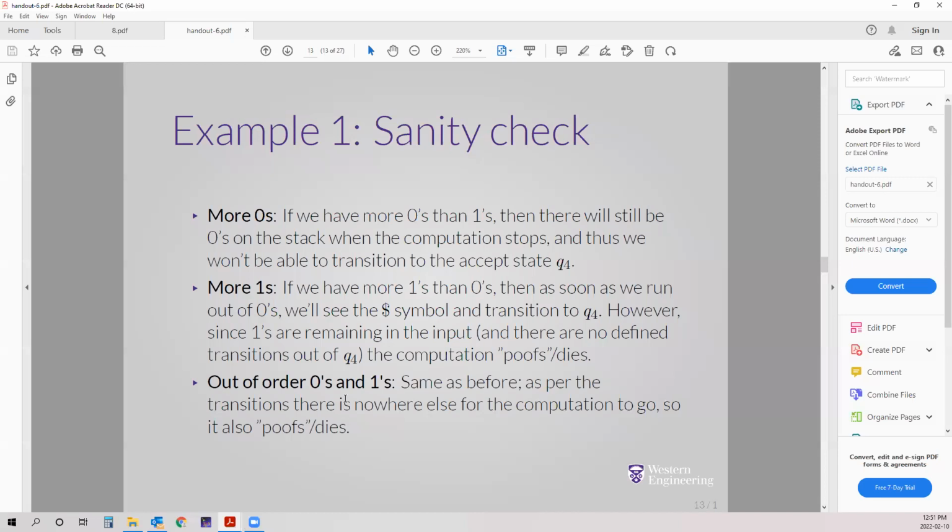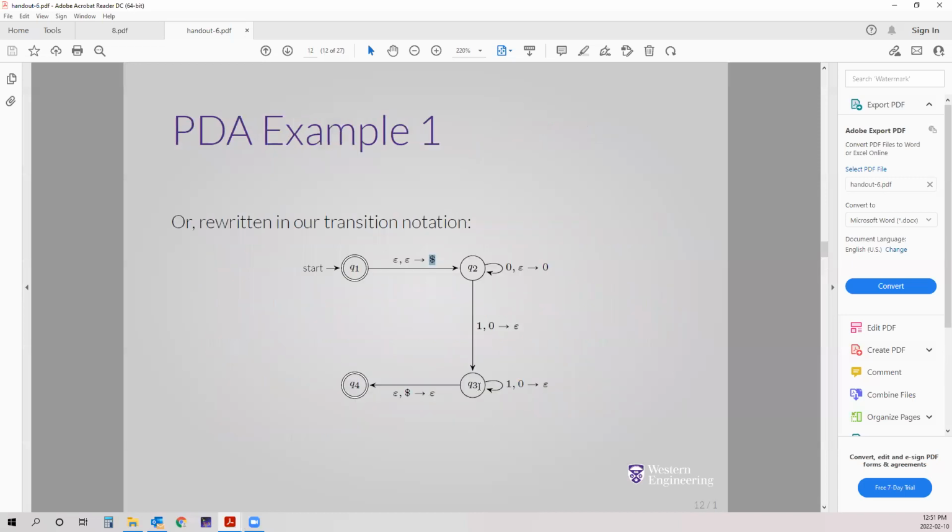However, if there are ones remaining, which means that the number of ones is more than the number of zeros, then we will stay at Q3 because we'll go to the dead state. We cannot pop a 0, so we'll stay here.